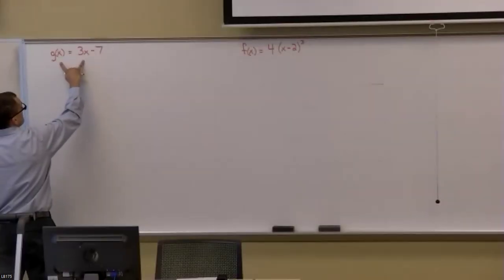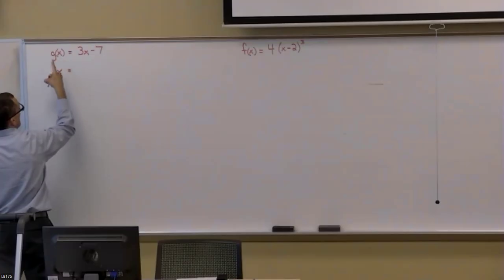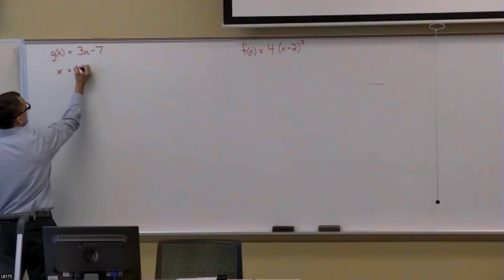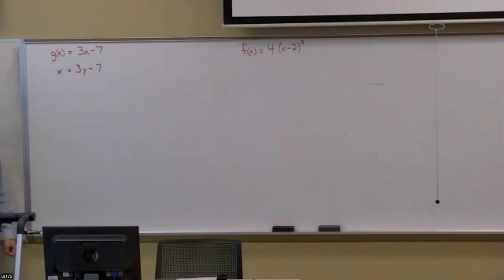So here's what we do. We take g of x and we swap the roles of x and y. So now my old output is my new input, and my old input, my new output.